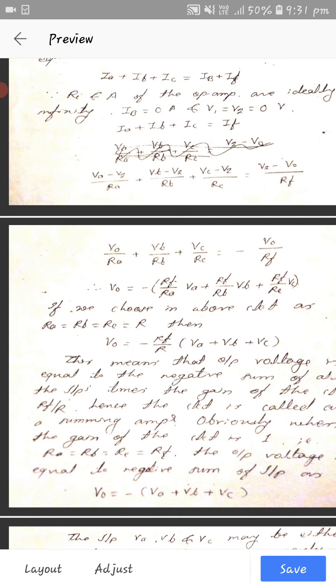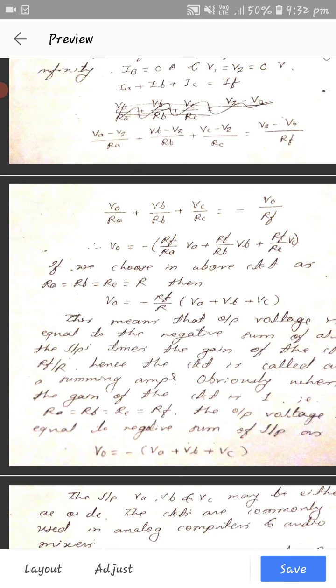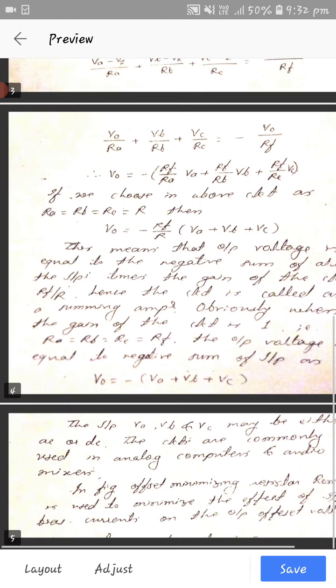Here V2 cancels now. So the equation is VA upon RA plus VB upon RB plus VC upon RC is equal to minus V0 upon RF.